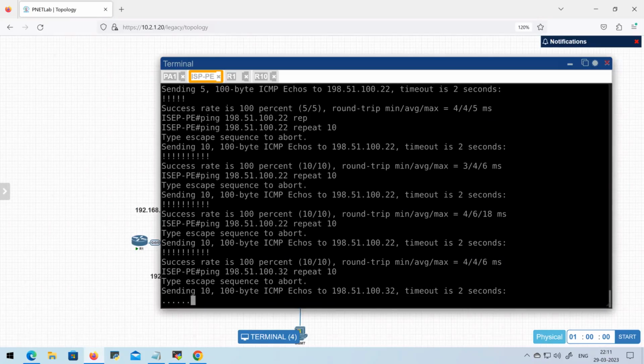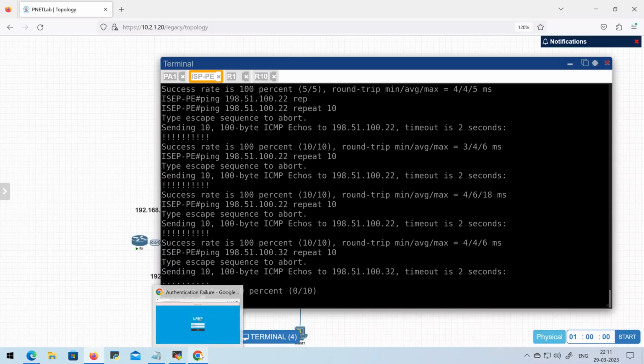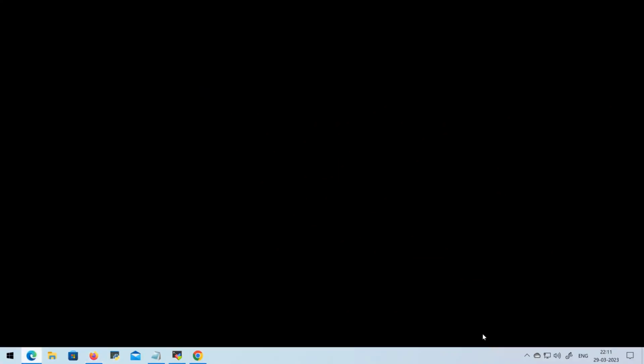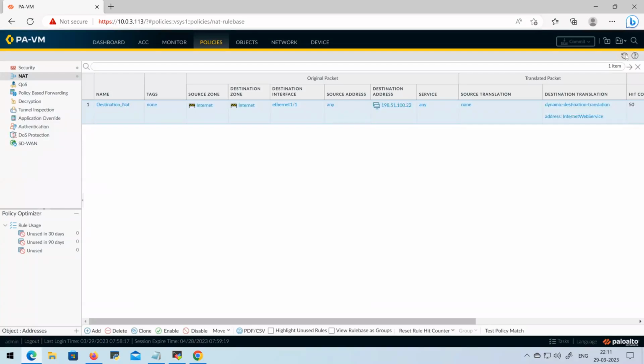Why is it not working? There is some problem in the translation. No, we changed the translation, but we didn't change the policy, right? In the translation, the destination address is not changed.